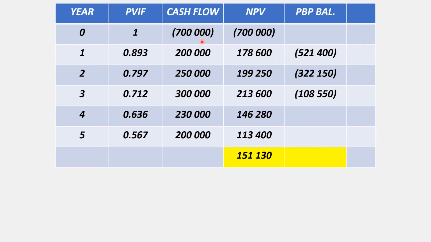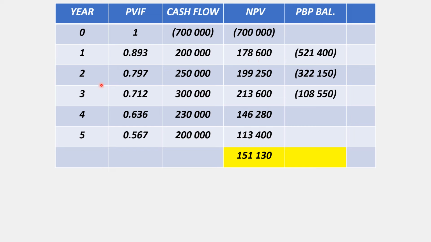Okay, there's a cash outflow. That's why we have it in brackets of 700,000. And when we multiply 700,000 by 1, which is the value of the money, it is equal to itself. In the first year, we take the interest factor, we multiply it by the cash flow, we get the NPV for that year.